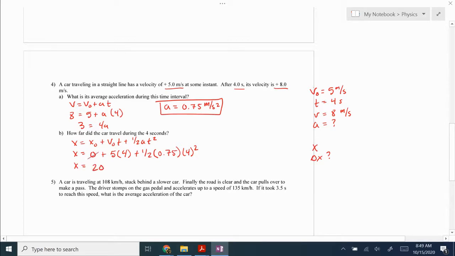Obviously, the 0 goes away. 5 times 4 is 20 plus 0.5 times 0.75 times 4 squared, 6. So x comes to 26 meters.